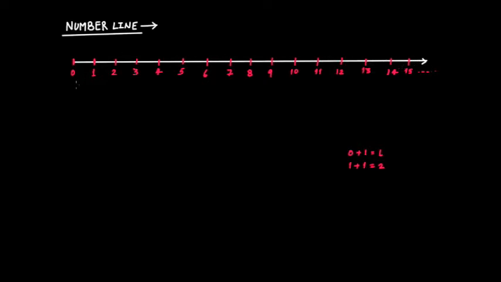Okay. Now you note that the distance between 1 and 2, the distance between 2 and 3, and every distance between two consecutive numbers is a unit value. Why unit value?